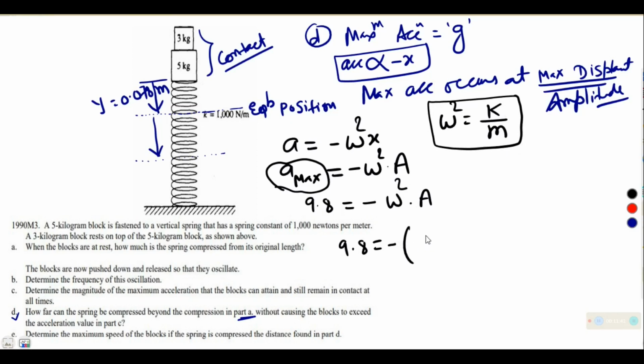These are the fundamentals of simple harmonic motion. So omega square is k by m into A, and we have to find A, so A is equal to 9.8 into m divided by k.